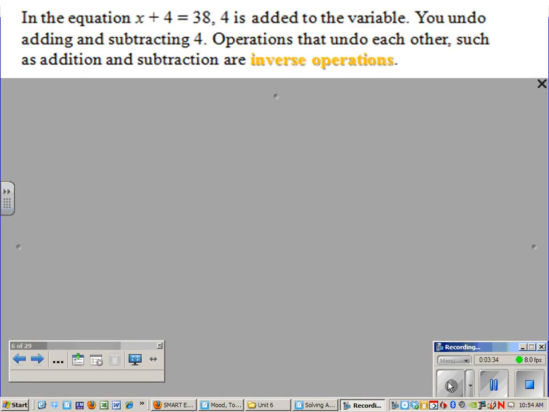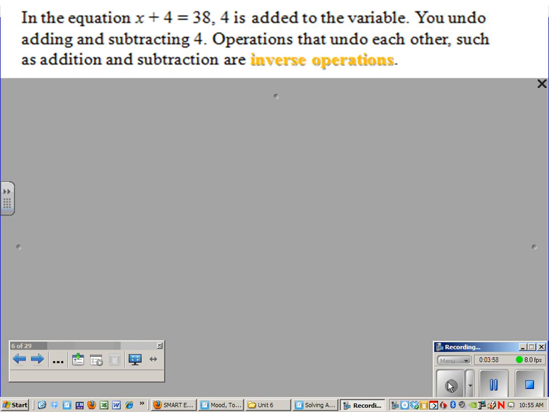Okay, we're going to start with one-step addition equation. So in the equation, x plus 4 equals 38, 4 is added to a variable. So that's the operation being done. You want to undo the adding of the 4 in order to isolate the variable.